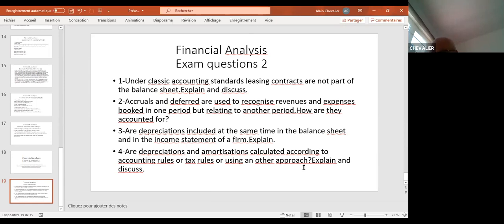For example, maturity, the interest rate, the amount to be paid in the year to come. So this was the traditional position.